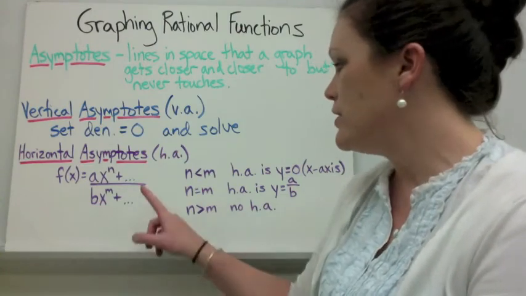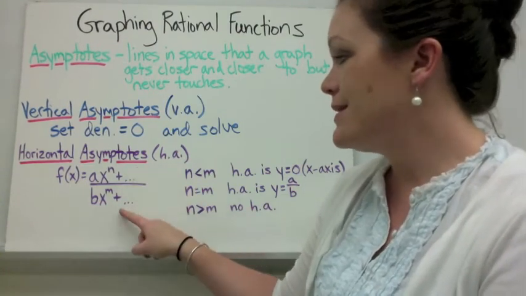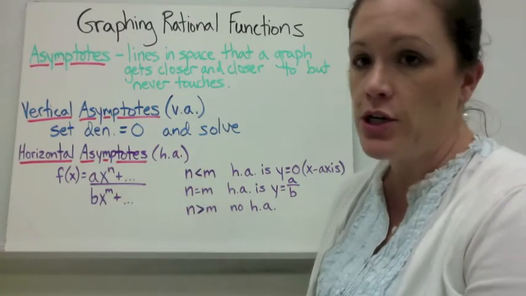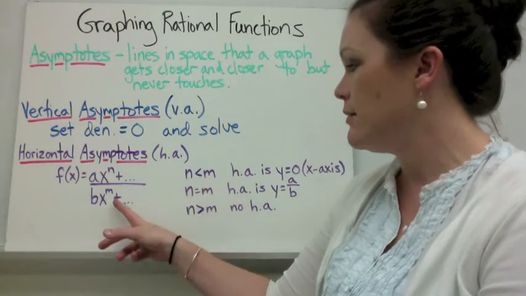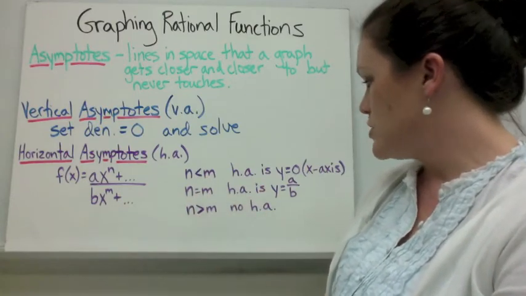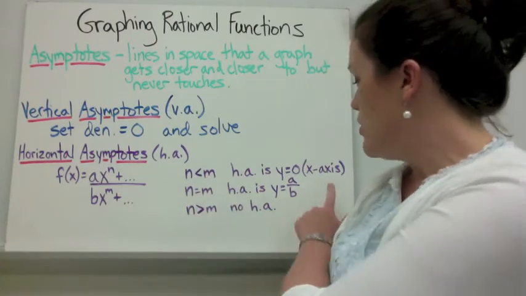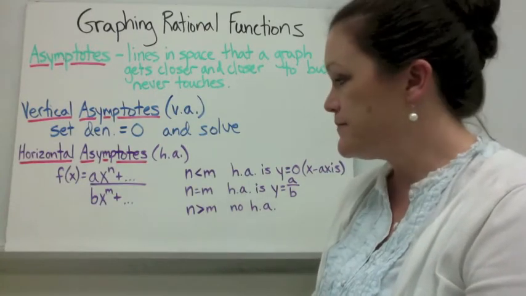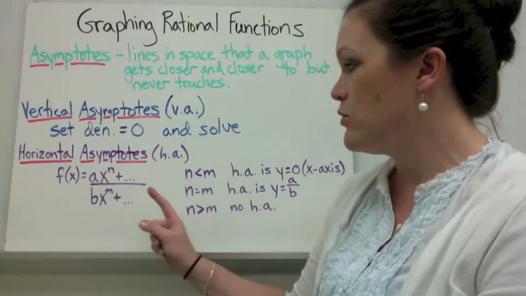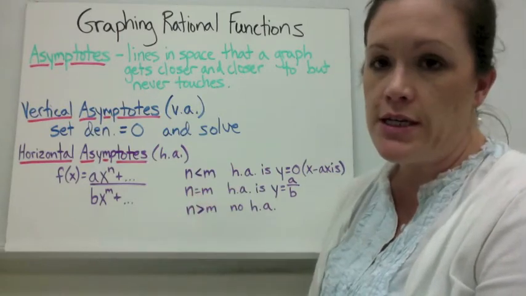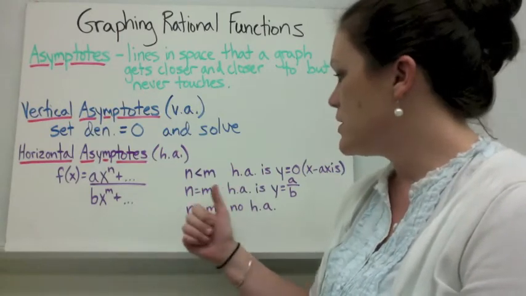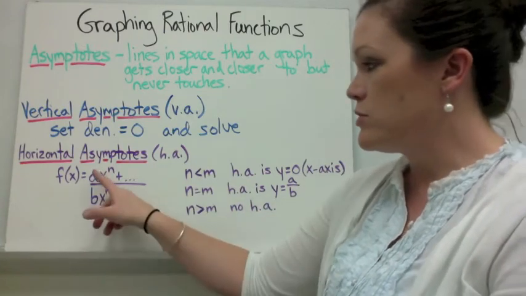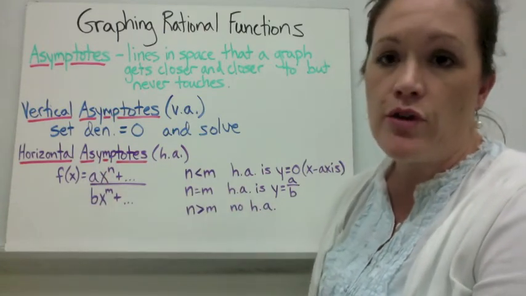And then we can look at the degrees and compare them. If the degree in your numerator is less than the degree in the denominator, so in generic terms, if n is less than m, then your horizontal asymptote is automatically y equals 0, which is the x-axis. That's the most common type you will see. If the degrees are equal, so if n equals m, you will put the a over the b value, and your horizontal asymptote will be equal to y equals whatever the numbers are for that example.